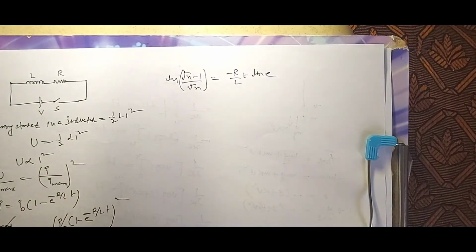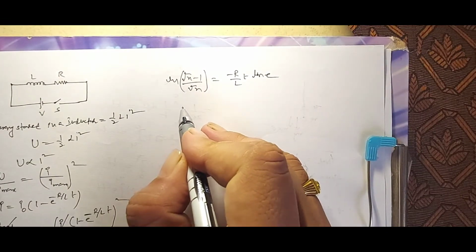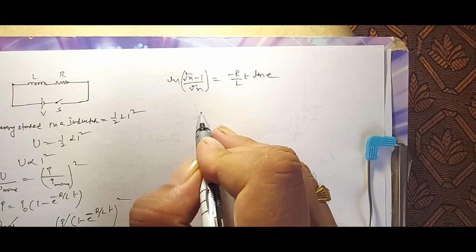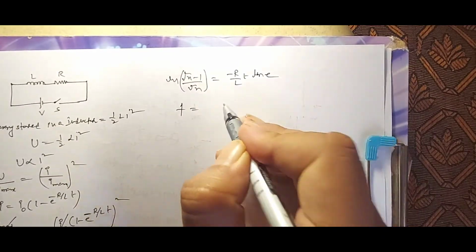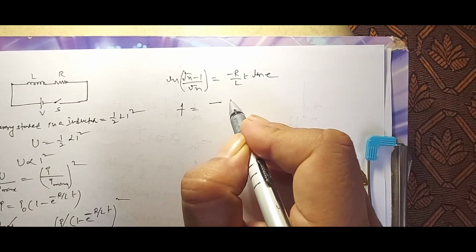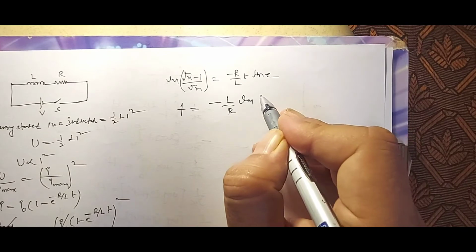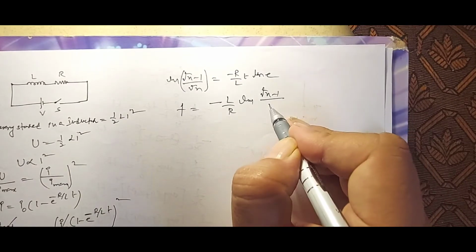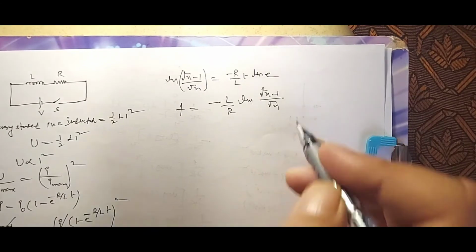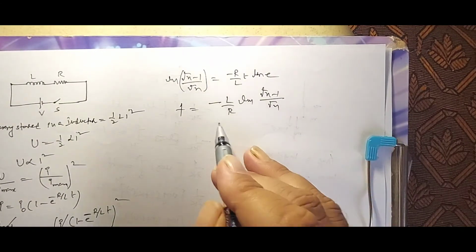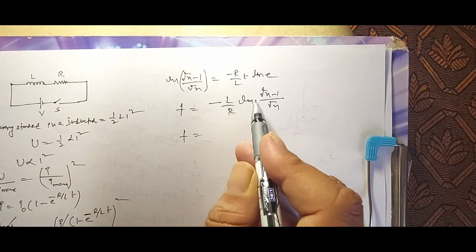Okay, right. What is the value of ln e? That is nothing but 1. So t is equal to minus L by R into ln of (root n minus 1) by root n. Now, to remove the minus, we interchange the fraction.